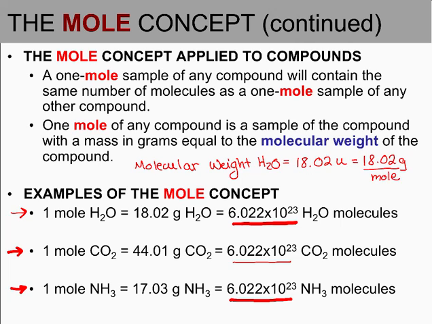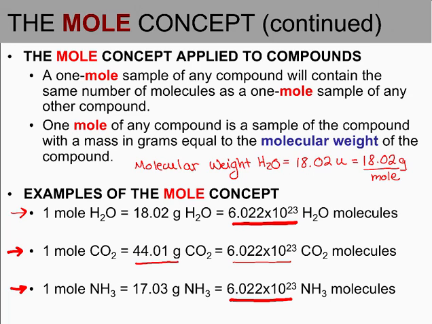Now, we can also do the same thing for CO2 and NH3. If we calculate the molecular weight of CO2, it comes out to be 44.01. So if we have 1 mole of CO2, we also have 44.01 grams of CO2, and we have Avogadro's number of CO2 molecules.